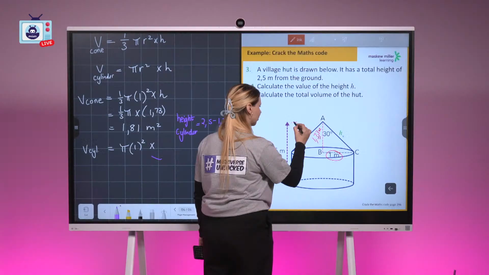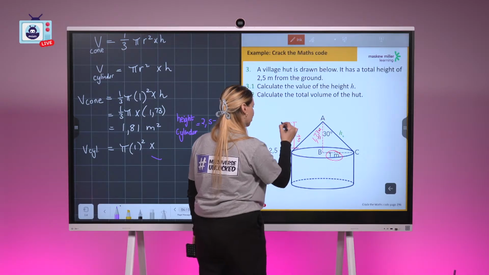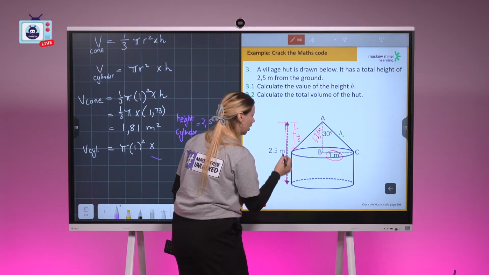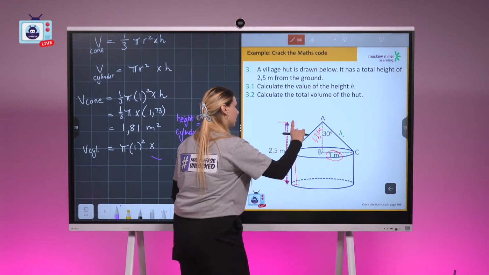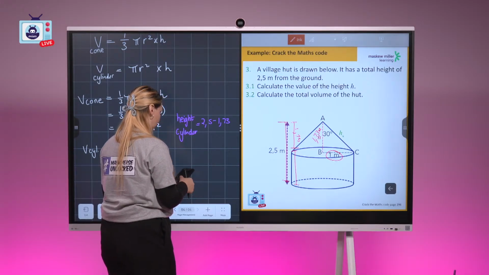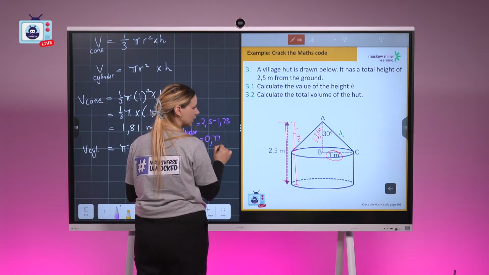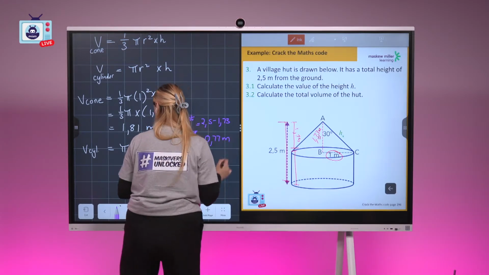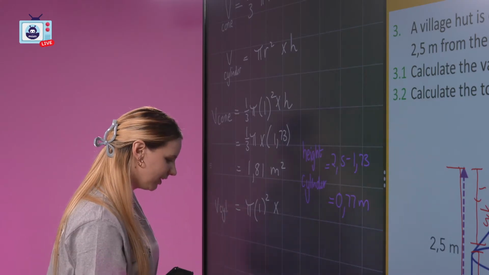We have this height over here already, which is 1,73. The total height is 2,5. So in order to get the height of the cylinder, I just take 2,5 and subtract 1,73. And the height of my cylinder is equal to 0,77, and this is in meters. Now we can add that in over here.